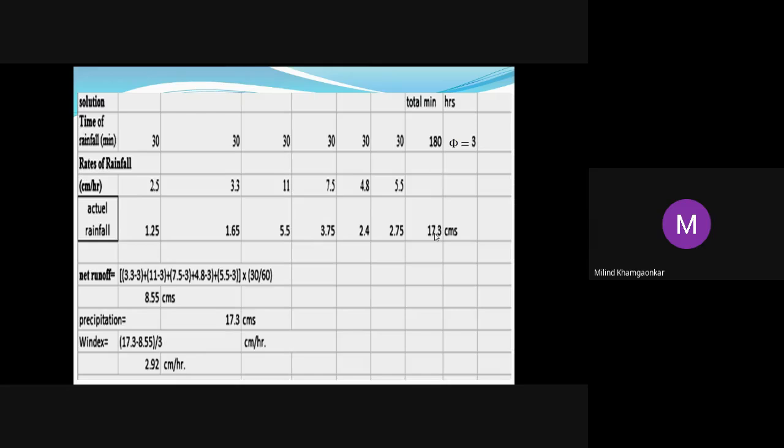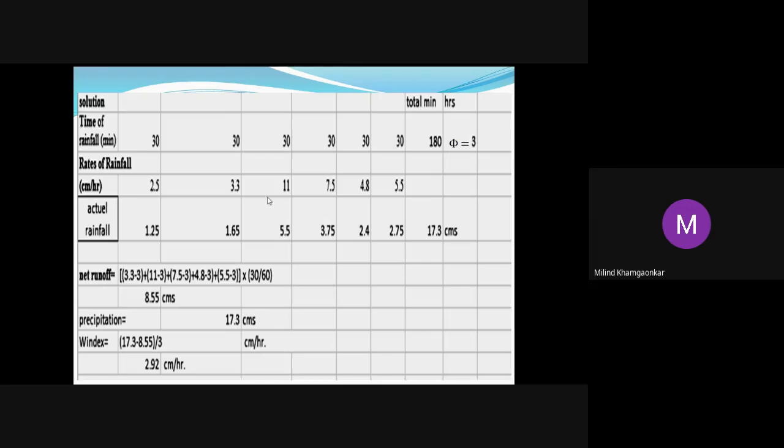Very easy. Now we are trying to find out the runoff. We have been given the phi index as 3 centimeters per hour. By definition, the phi index is the average rainfall intensity or average rainfall rate above which the whole quantity is runoff.